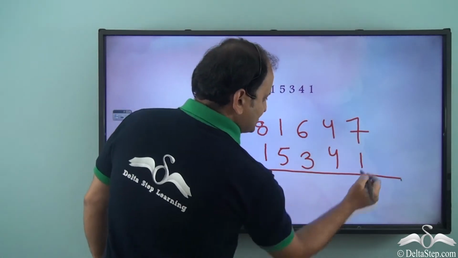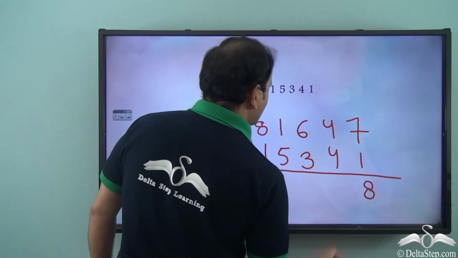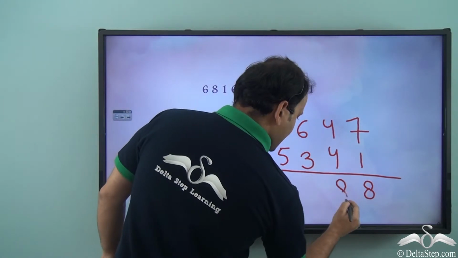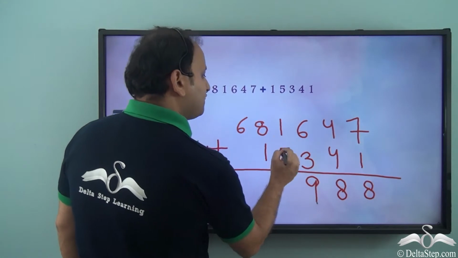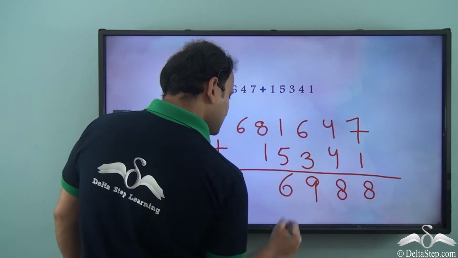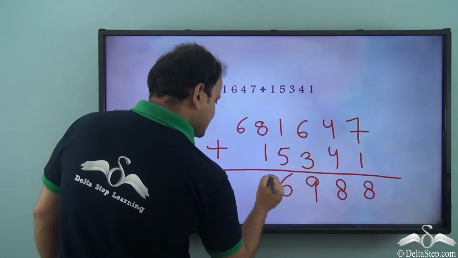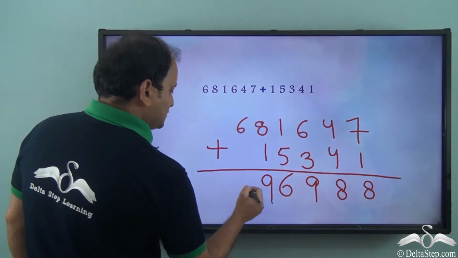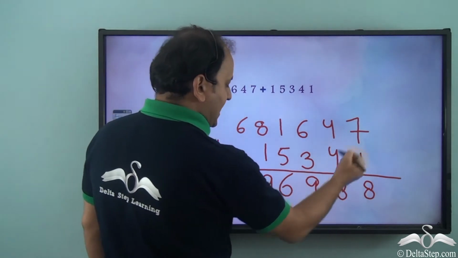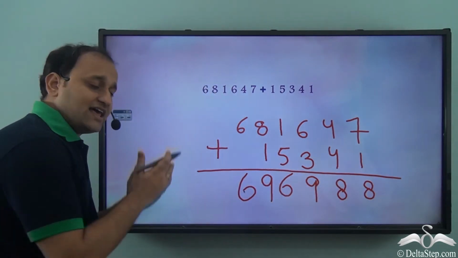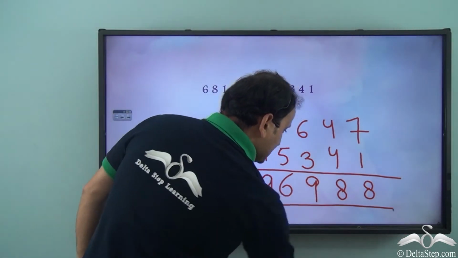So 7 plus 1 is 8, 4 plus 4 is 8, 6 plus 3 is 9, 5 plus 1 is 6, 8 plus 1 is 9, and 6 will come as it is. So we have 696988, and this is the final answer.